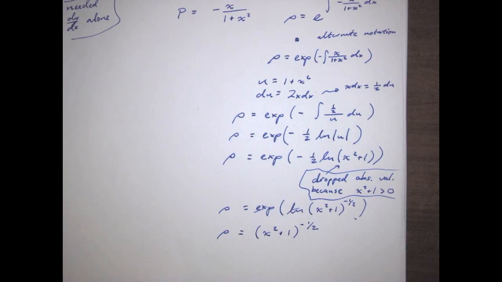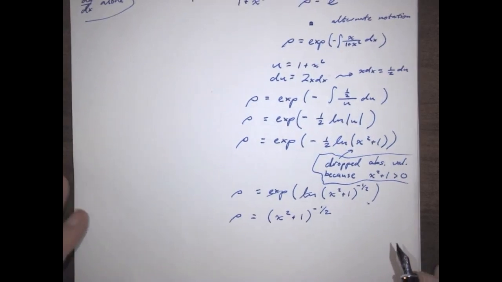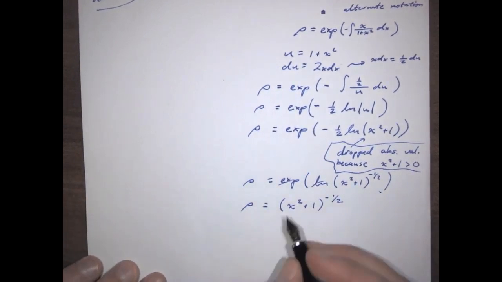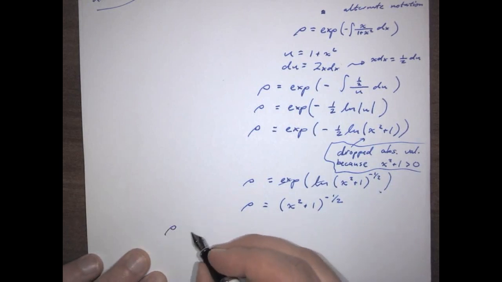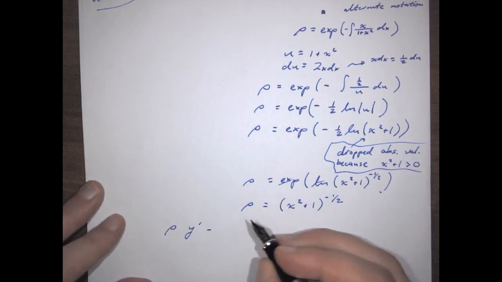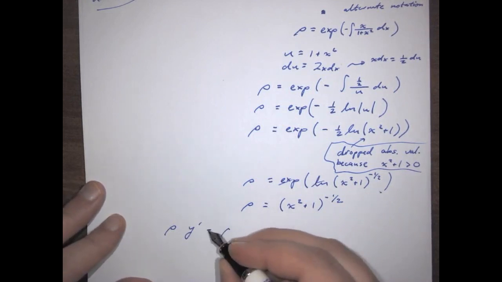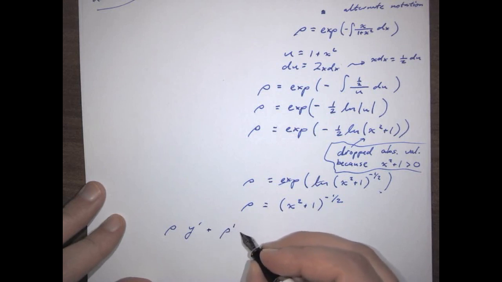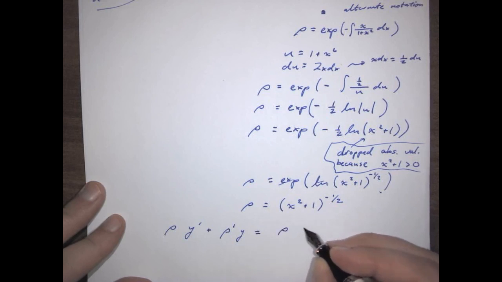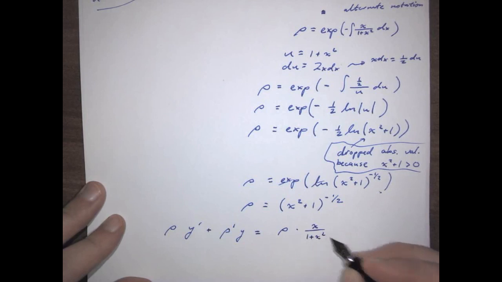And now what we do with this integrating factor of rho is we multiply the entire equation by it, with the hope of getting ourselves into the outcome of the product rule. Now then, rho y prime, sorry, I should say plus rho prime y, is equal to rho times x over 1 plus x squared.